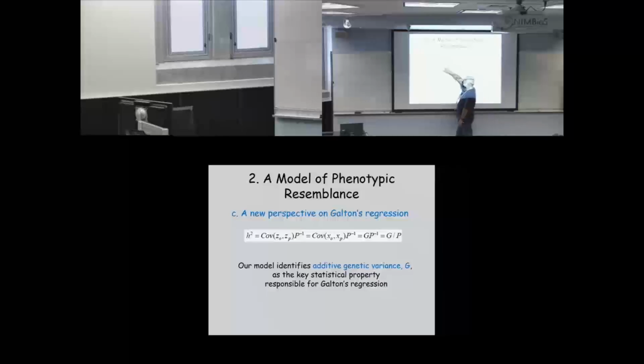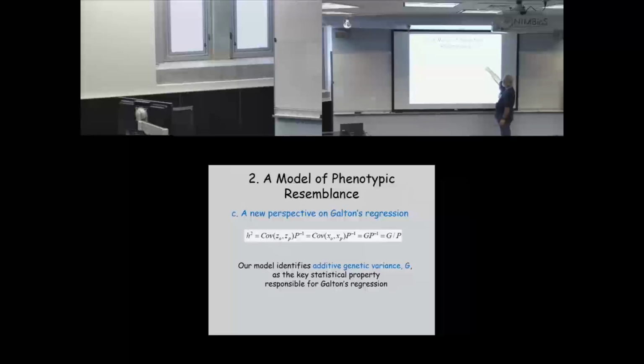There's no covariance between E's because we've assumed there's no environmental covariance between generations. And so that covariance is equivalent to the genetic variance in the trait. This covariance is equivalent to the variance in breeding values. And we're right back where we were.